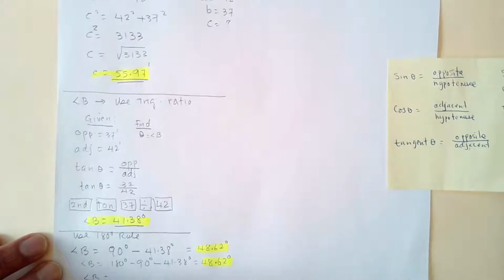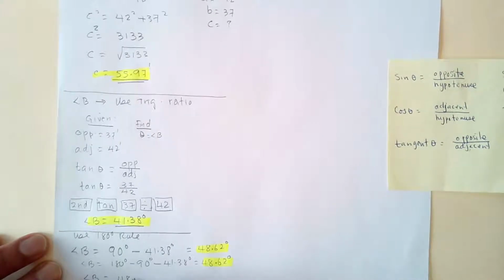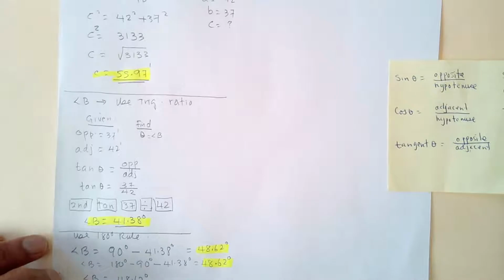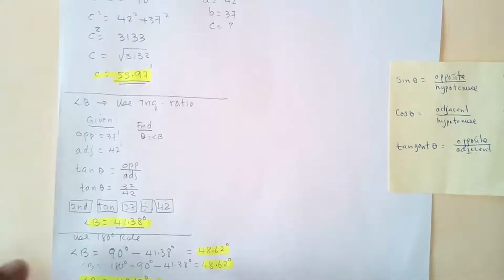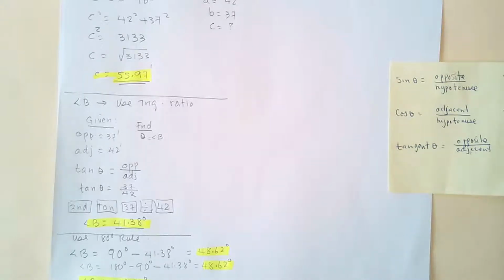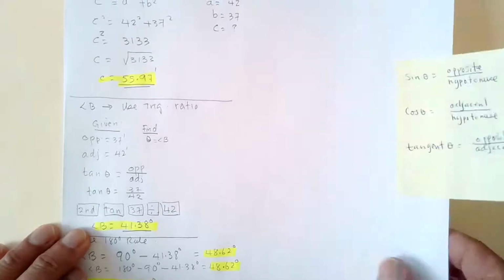So angle A is equal to 48.62 degrees. So that's example 1.